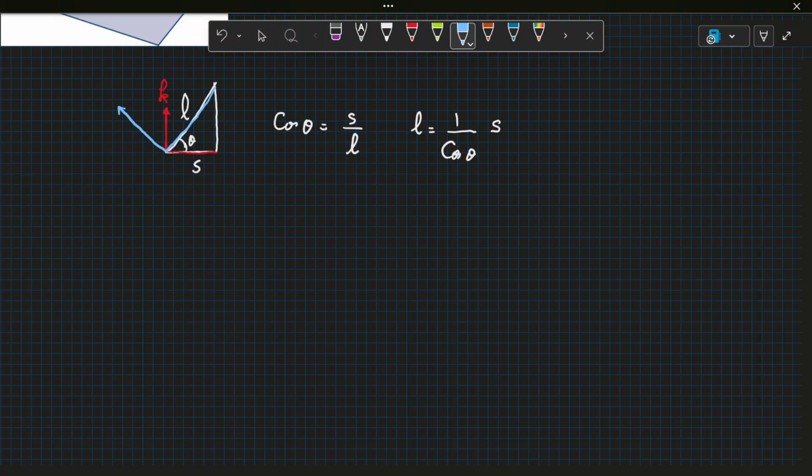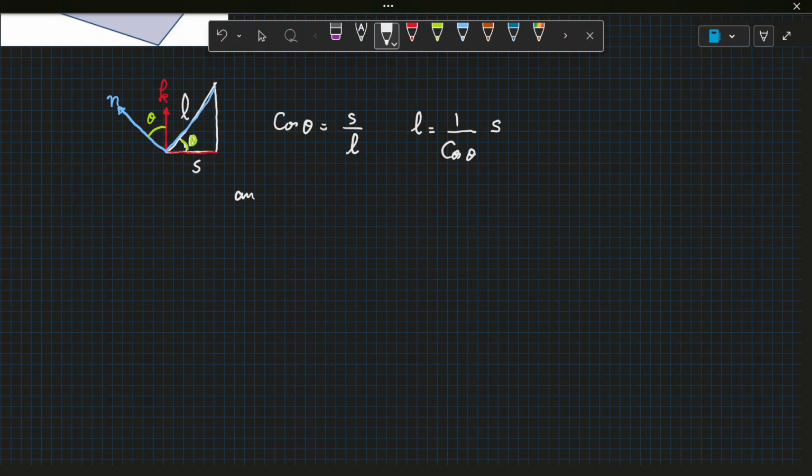Actually, I'm going to call it N. It is obvious that this angle theta that we are looking at here is the same as this angle here. The angle between two surfaces is the same as the angle between the normals to those surfaces. This is a principle we use sometimes, which helps us find the angle between objects.